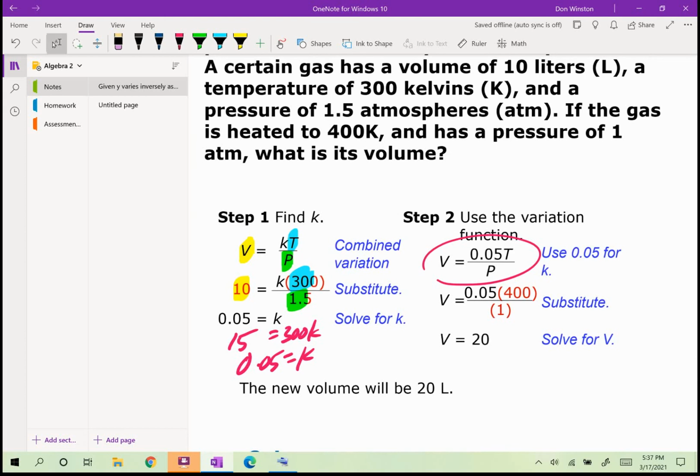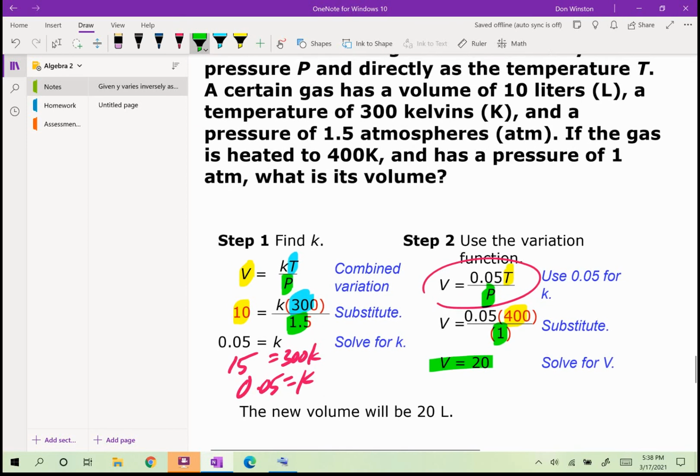So we use the equation and we substitute 400 for the temperature, and we substitute 1 for the pressure. And then we get 20 liters.